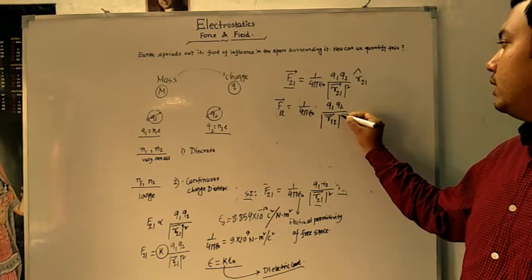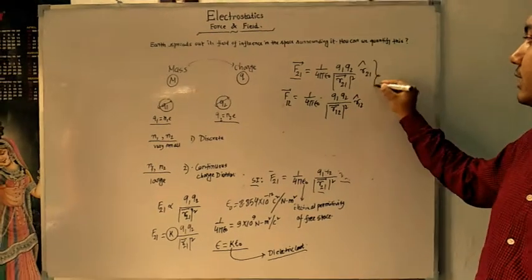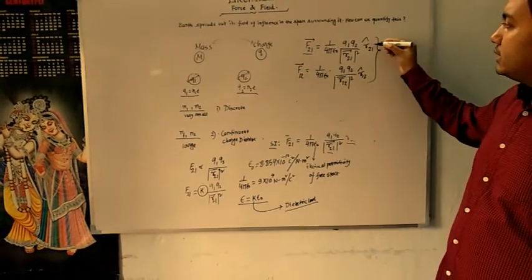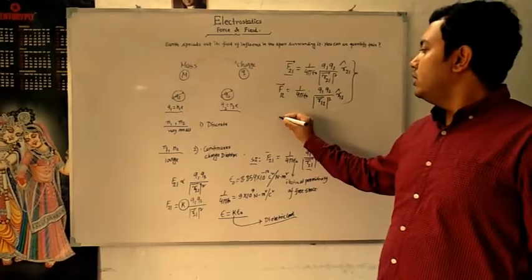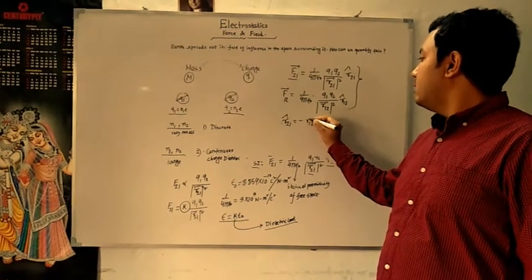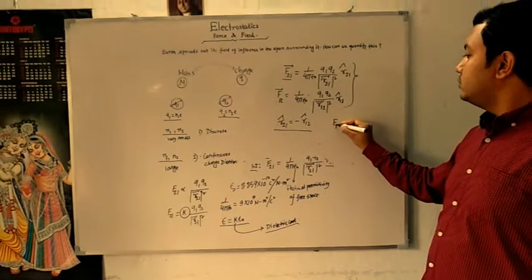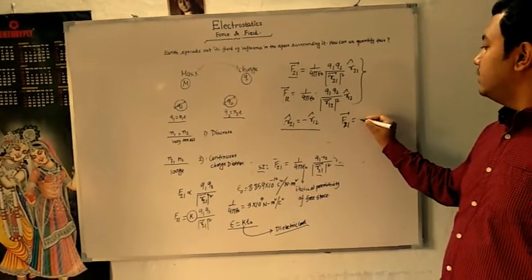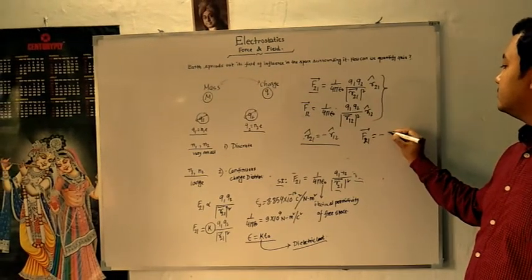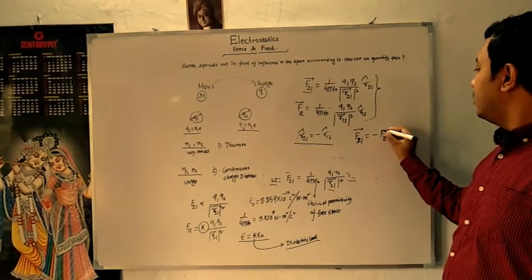by R12 square R12 cap. The basic relation between the unit vectors R21 and R12, we know R21 is equal to minus of R12. Hence, we can write the two forces F21 vector will be in the opposite direction of F12 vector.